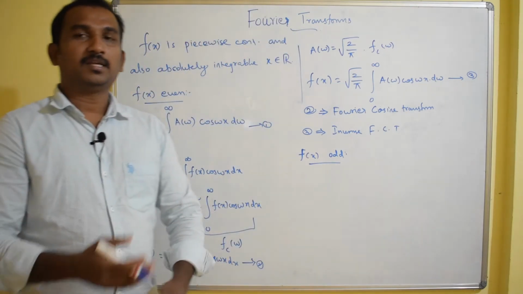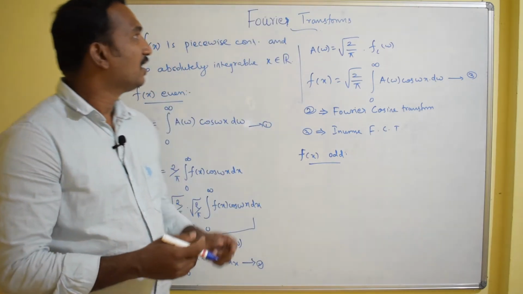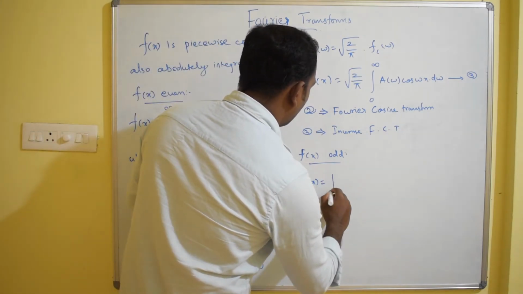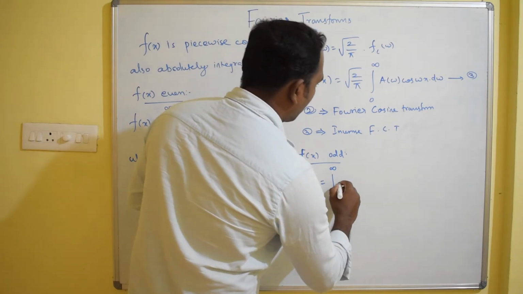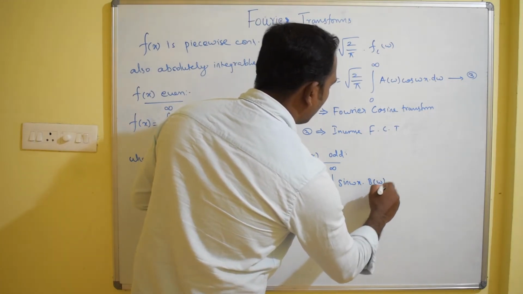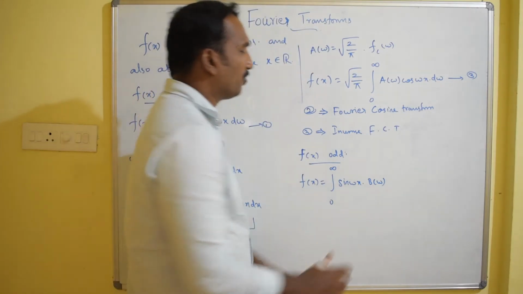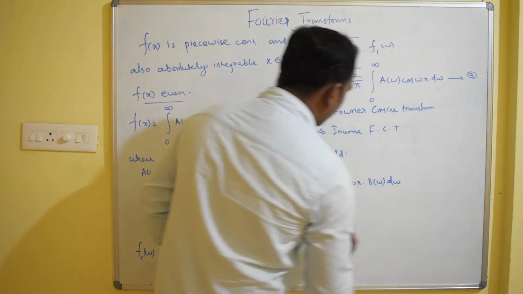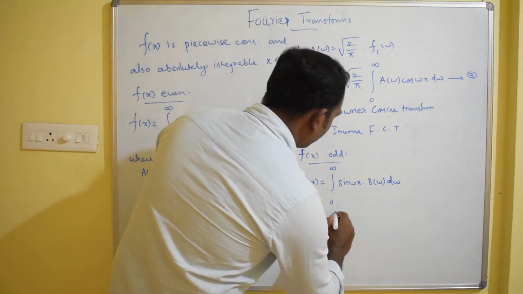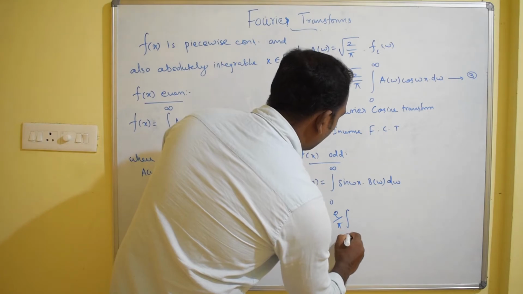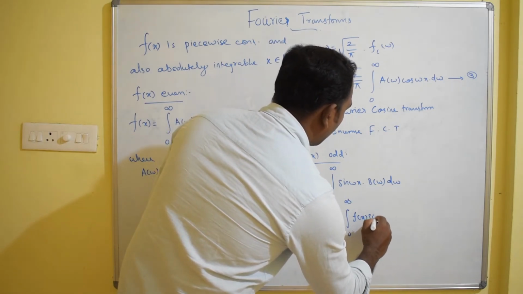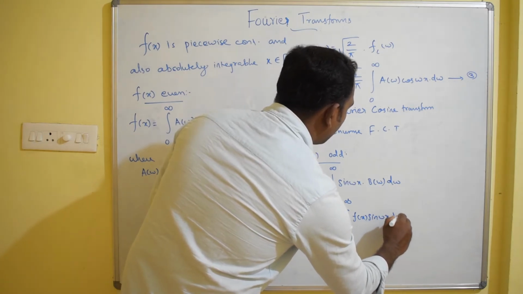As usual, just recall the Fourier sine integral. What is that? f of x is equal to integral 0 to infinity b of omega sine omega x d omega. What is the b of omega here? B omega is equal to 2 by pi integral 0 to infinity f of x sine omega x dx.